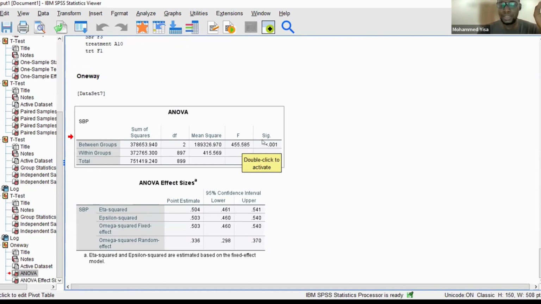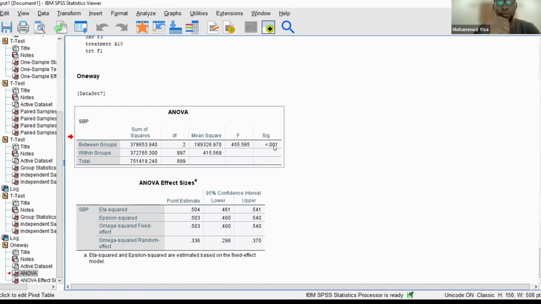So looking at this, there is a statistically significant difference between those that received placebo, those that received old drug, and those that received new drug. But then we are not sure where exactly the difference lies. Is the difference between those that received the old drug and new drug?